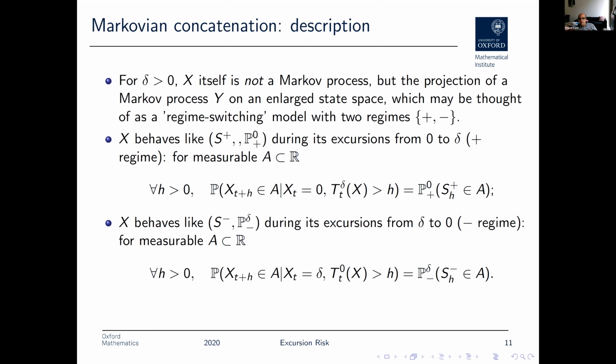We have a generator, we have explicit characterization of the law, so it's not much more complicated. It's what people call a regime switching model with two regimes. You can think of it as a regime switching diffusion with two regimes. In regime plus, you evolve according to some generator L plus. In regime minus, you evolve according to generator L minus.